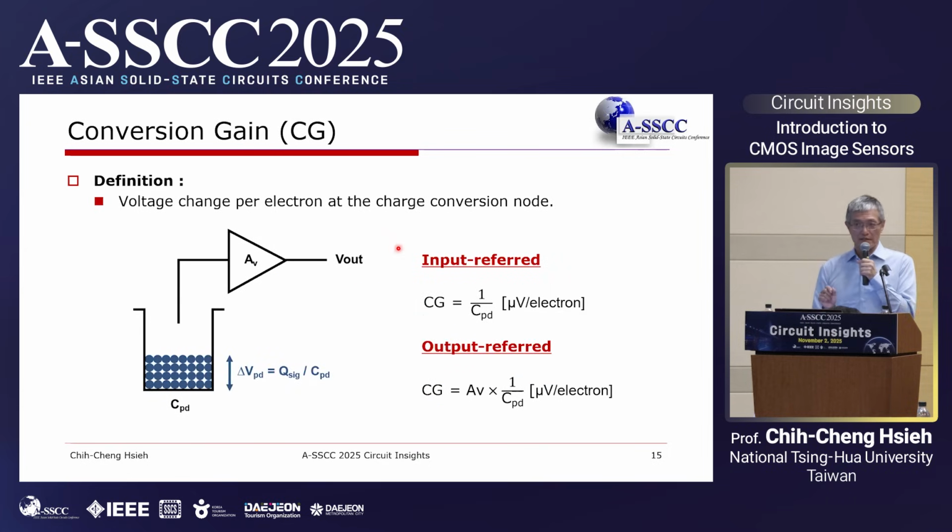Okay, so what is the conversion gain? The conversion gain means the voltage change per electron.